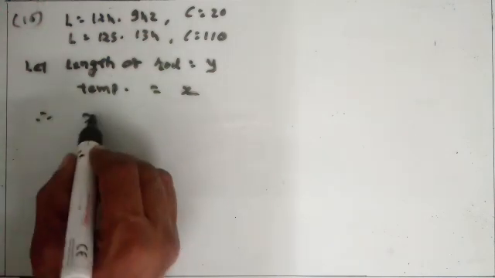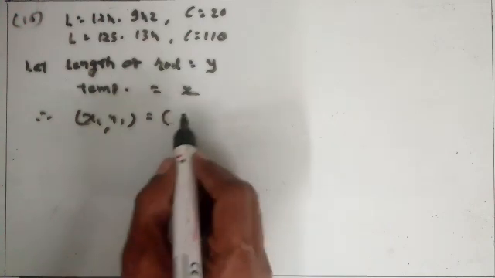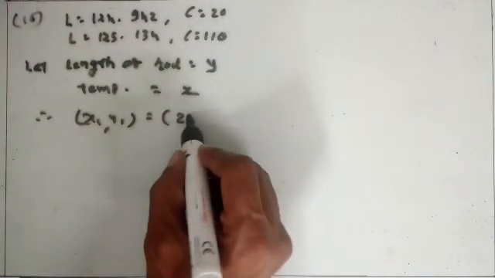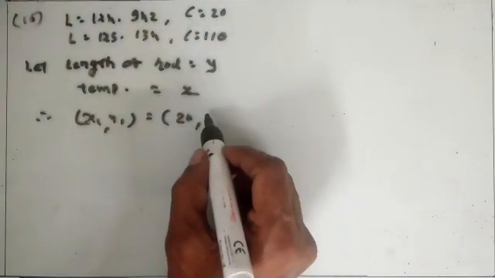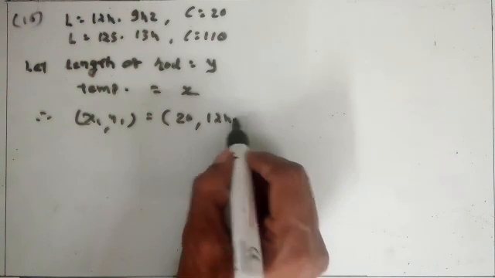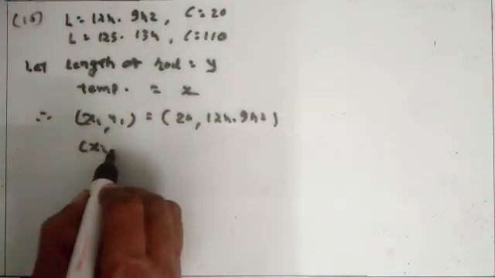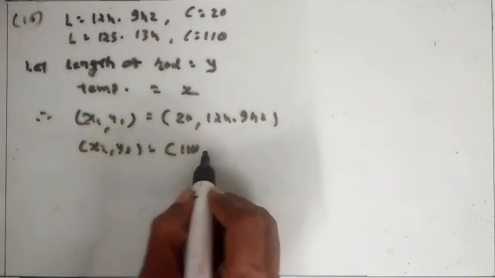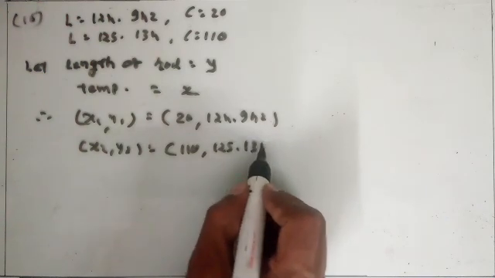Therefore, for x1, y1, here x1 is equal to 20, the first temperature, and the length of the rod is 124.942. For x2, y2, the temperature is 110, and the length is 125.134. Clear?